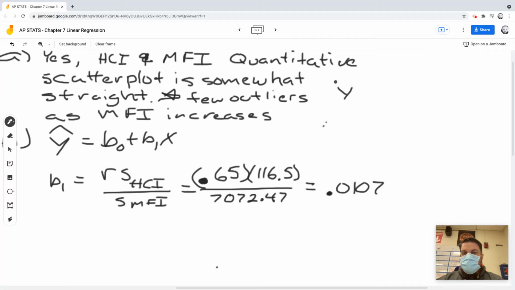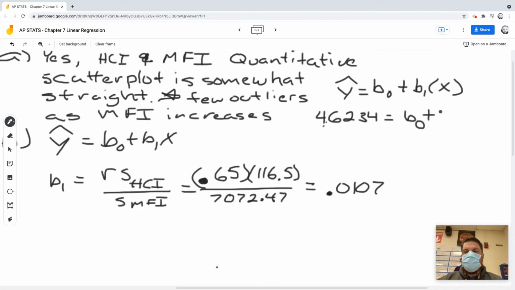If I say y hat is equal to b naught plus b1 times x, I know that for my predicted value, it was 46,234, and that should be equal to b naught plus, now that we know what b1 is, b sub 1, it's 0.0107 times, oh wait, I did that backwards.